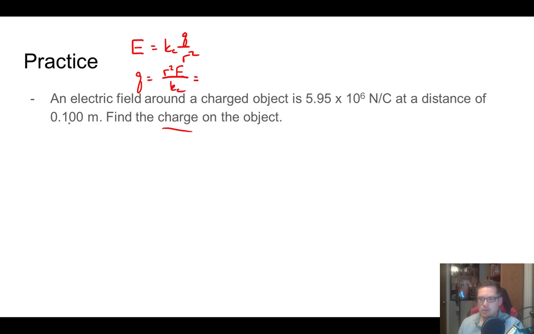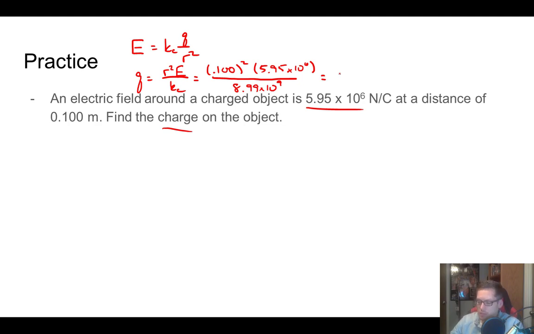Make sure everything's in the right units. R is in meters, so that's good. So 0.100 squared, and then our E value, the electric field, that's just that guy right there: 5.95 times 10 to the 6th newtons per coulomb, divided by our Kc value, 8.99 times 10 to the 9th.